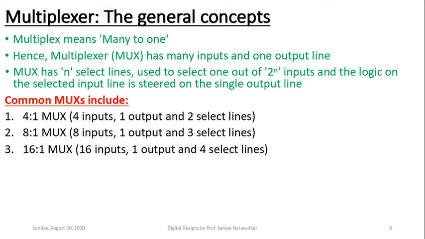In earlier wired telephones, the telephone line is a single line, but through that single telephone line, by using time division multiplexing, multiple calls and multiple voice data were transferred. So this is the best example.